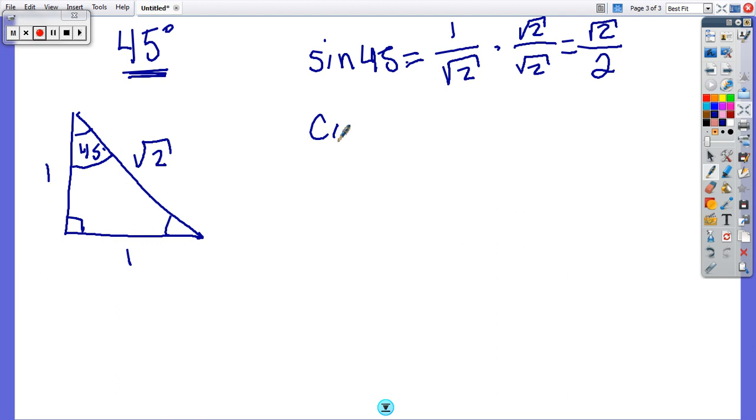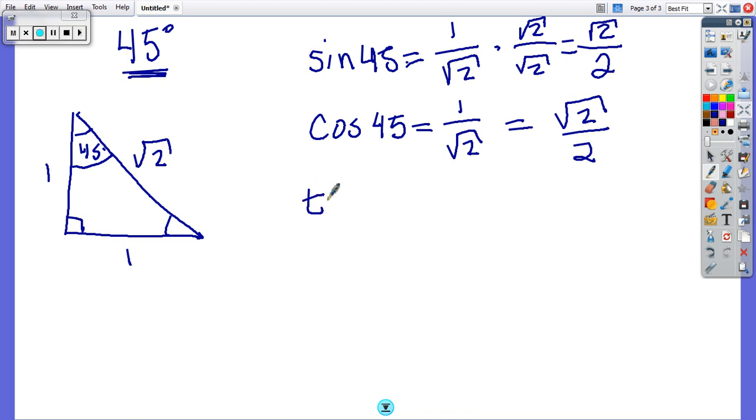Now you need to find the cosine of 45. Cosine is adjacent over hypotenuse, so adjacent this time is 1. Hypotenuse is root 2. Again, same thing. You're going to have to multiply by 1. You're going to end up getting root 2 over 2. Find the tangent.